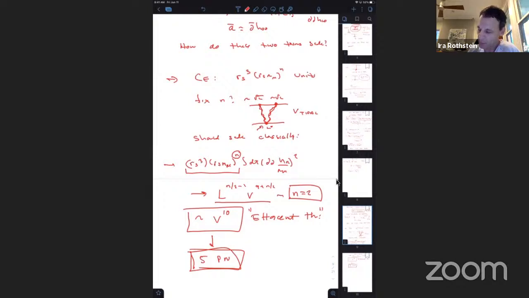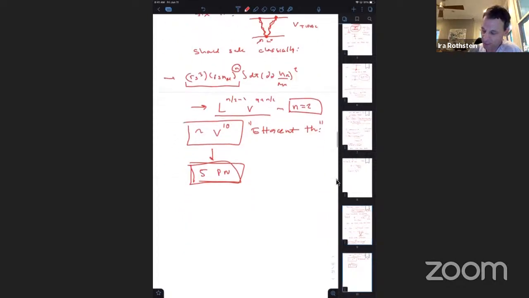QCD region. But if you want to be able to extract it from the data, then you need to know the background at 5pn. So it's just like we do at the LHC. If we're looking for new physics, there's always going to be background. We have to calculate the background to the order of accuracy that we need to extract the new physics.